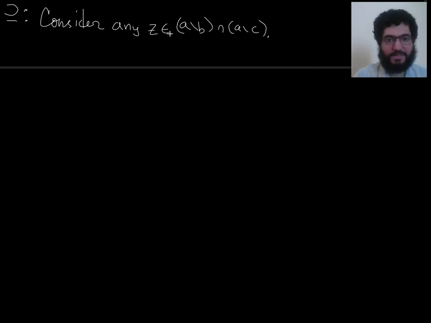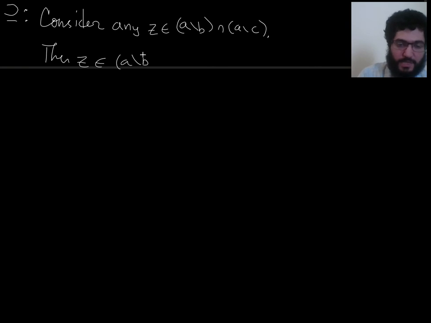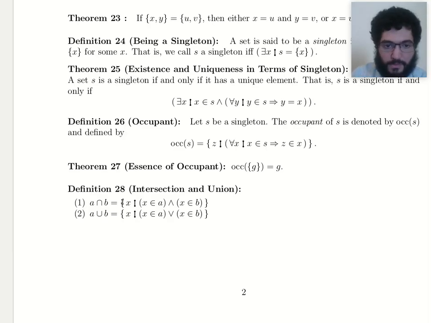So now, let me unpack this as much as possible, just like last time, and then I'll focus on my goal afterwards. So then, z is in this intersection, so z is in the first of the two things being intersected, and z is in the second. So I'm using the definition of intersection to do that.